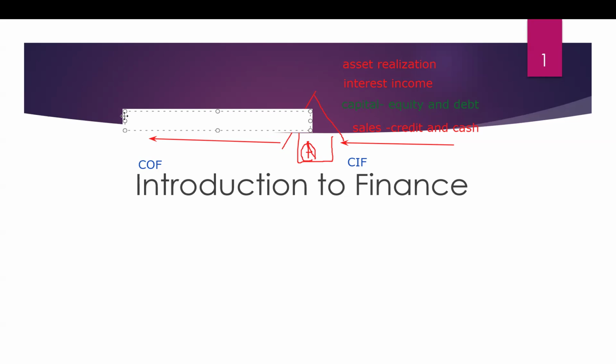You can purchase goods and services, right? Goods and services, there you are making creditors payments. Payments to creditors.